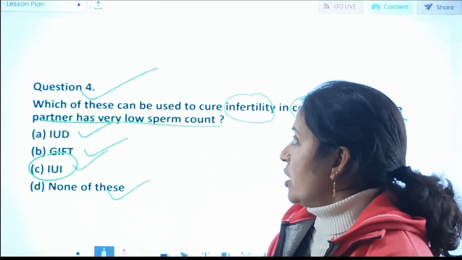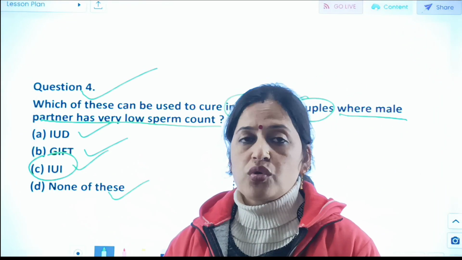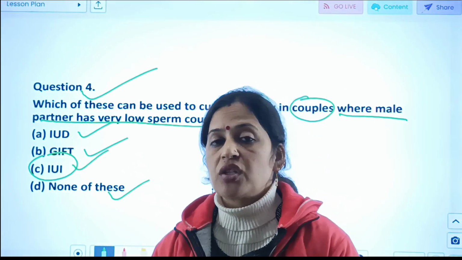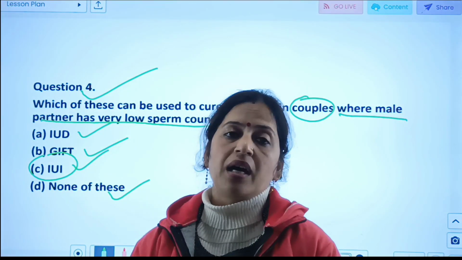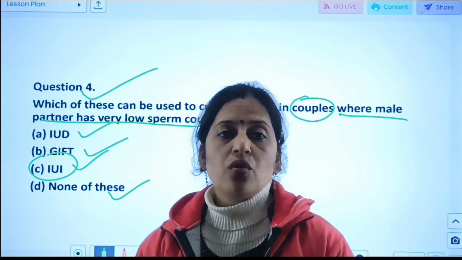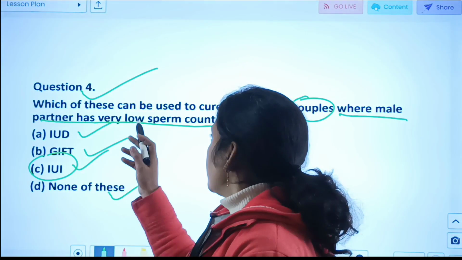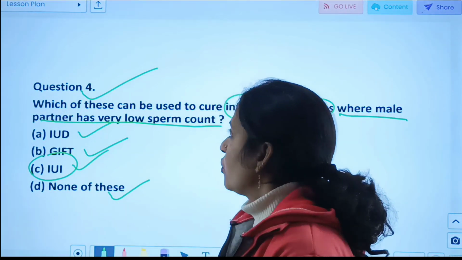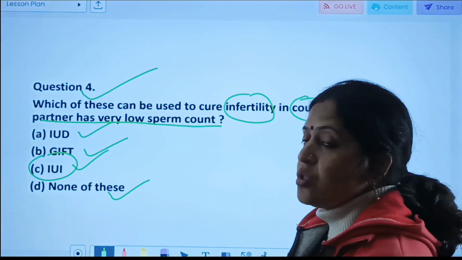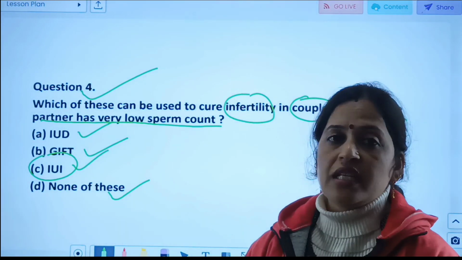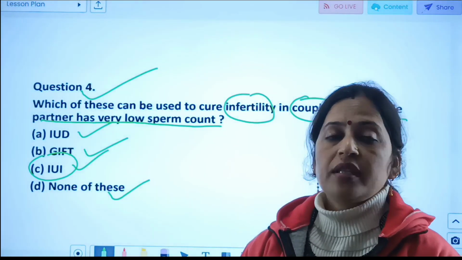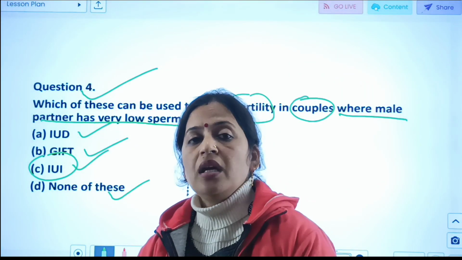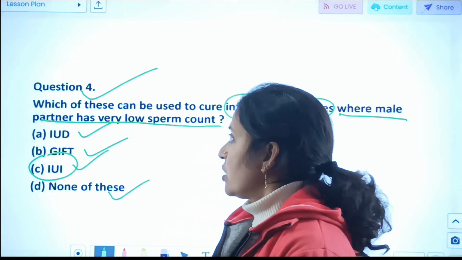So here your question is, which of these can be used to cure infertility, especially in the couples where male partner has very low sperm count. So you have to find out the correct method that is used to cure the infertility, especially in the couples where the male partner has a very low sperm count.